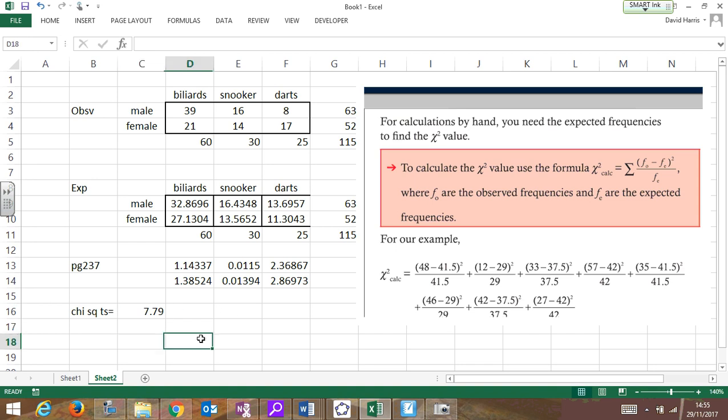So when I do the sum of all these numbers, it should be 7.79. Equals sum. Yeah, it is. Okay. So this gives you a way to manage the data for when you're typing correctly with the right notation your chi-squared test statistic.